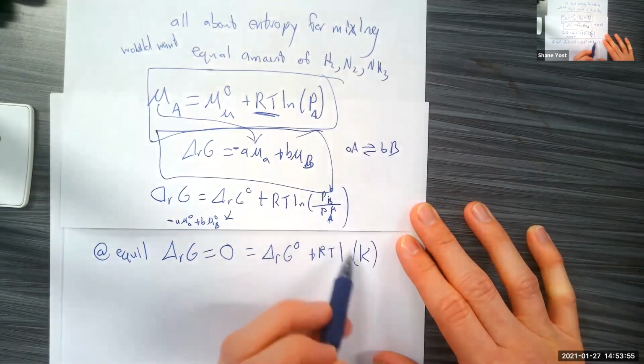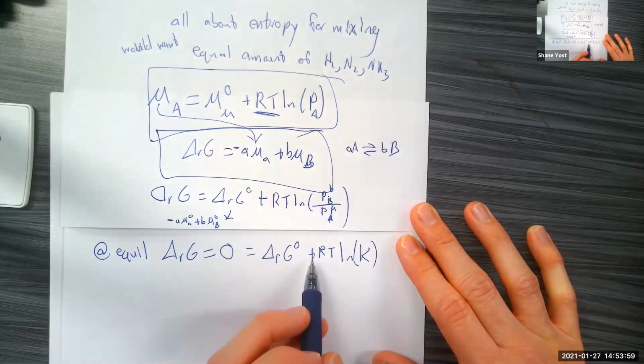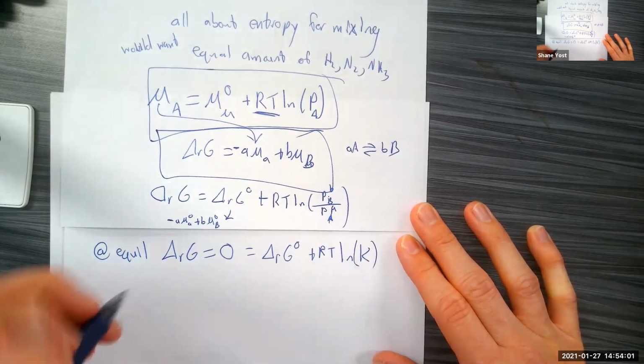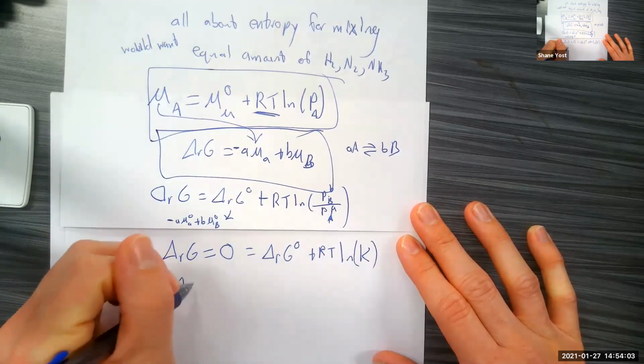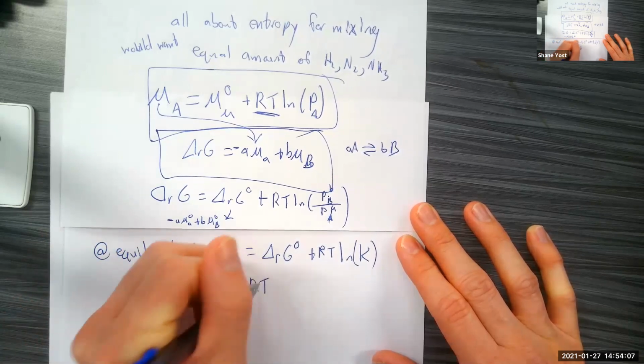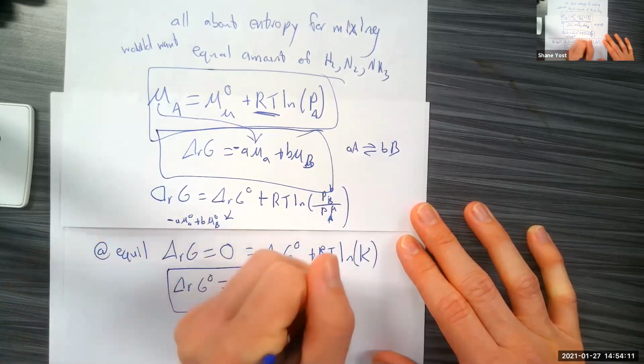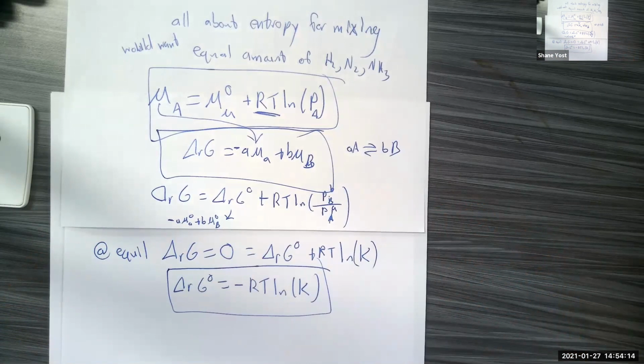That's the equilibrium constant, so I'm just going to put K here. Then you subtract RT ln K to the other side, and the standard free energy change of your reaction is just minus RT ln of K, your equilibrium constant. So you can get that kind of relationship.